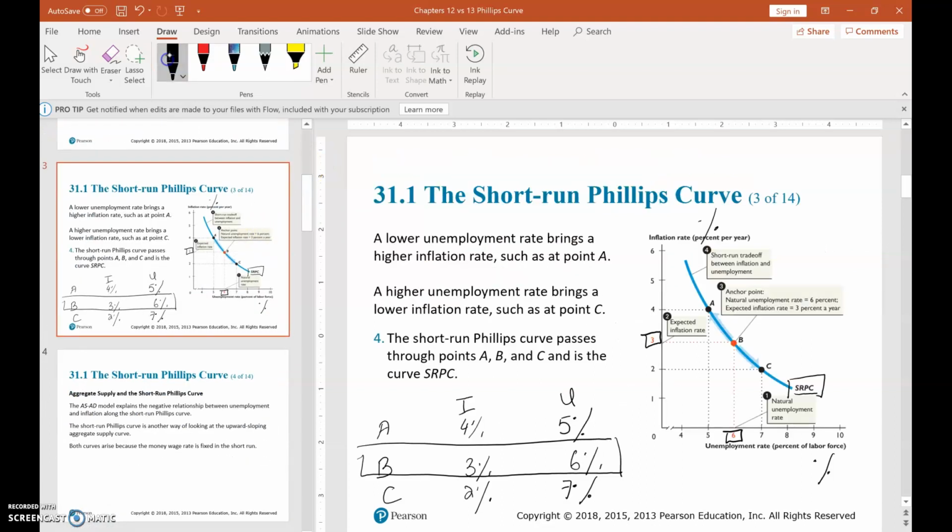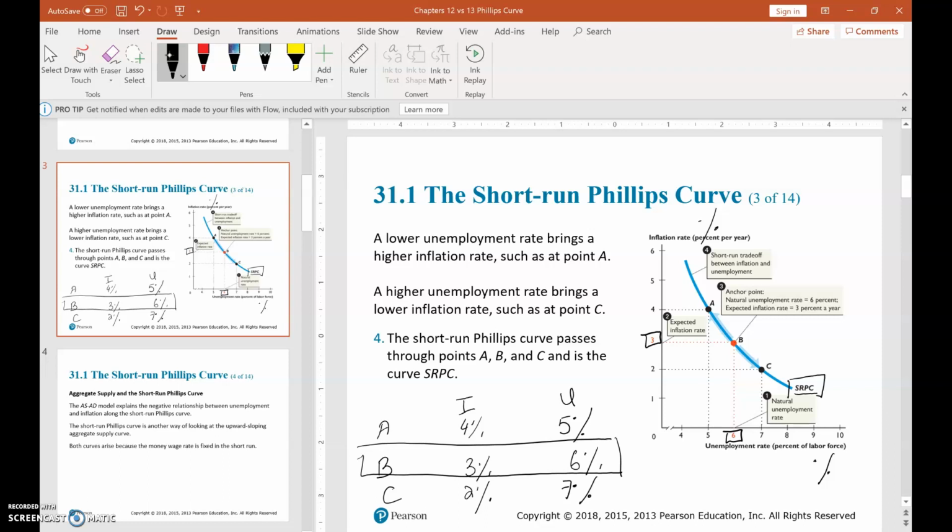Looking at this graphically, I have this two-quadrant graph with inflation rate on the vertical axis and unemployment rate on the horizontal axis. I can start with this anchor point B. At this point B, the expected inflation rate is 3% and the natural rate of unemployment is 6%.